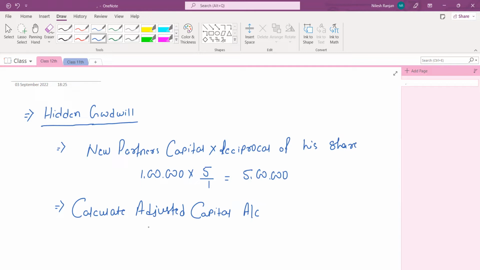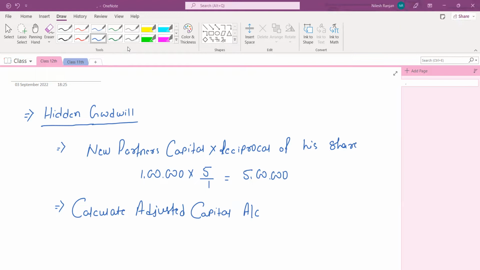Do you have any doubt in hidden goodwill concept? Do you have some question to ask? No, sir. No doubt. Okay. So can you move on to revaluation? Actually, revaluation is not completed yet.